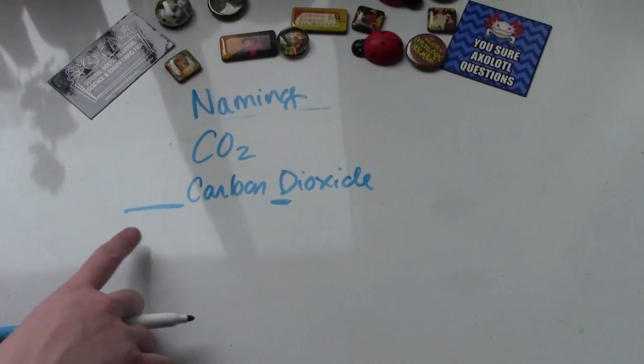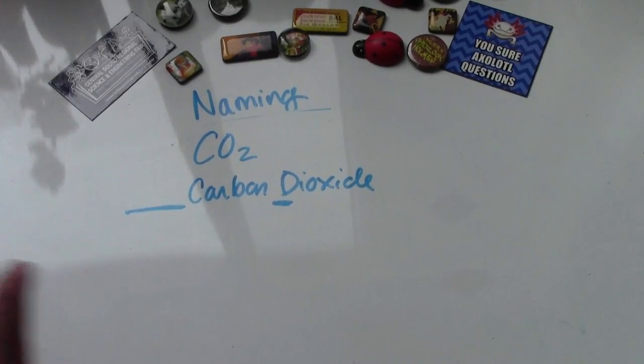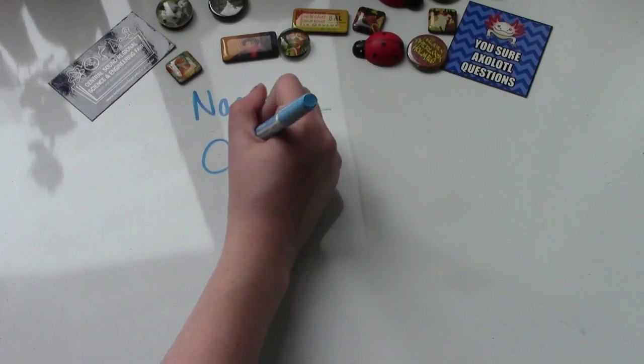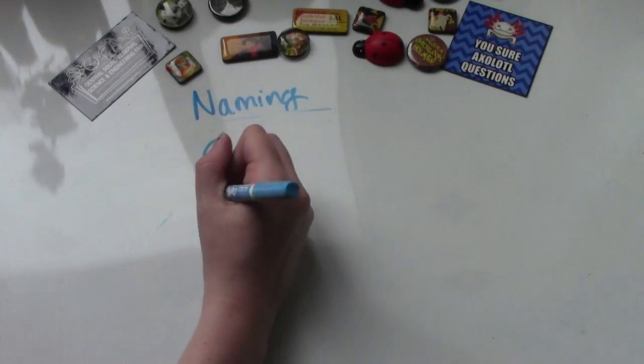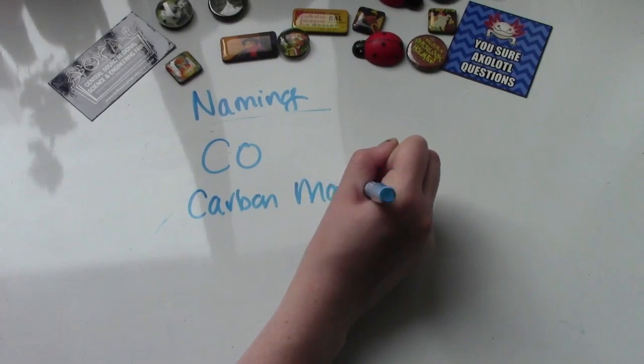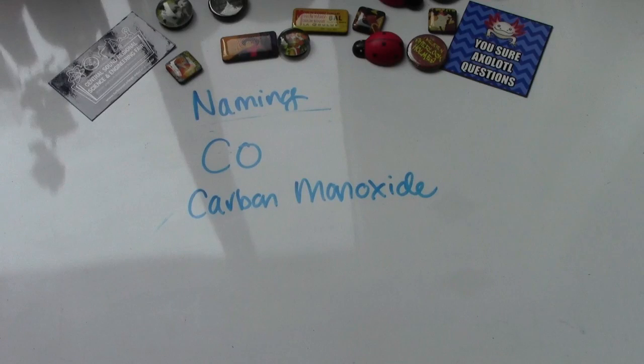If it isn't here, or there's another prefix there, or if it isn't there, then just assume that there's one. For instance, CO, it would be carbon monoxide, which is not fun, and you should definitely have carbon monoxide detectors and carbon dioxide detectors in your house, because that stuff's not very fun to breathe in.